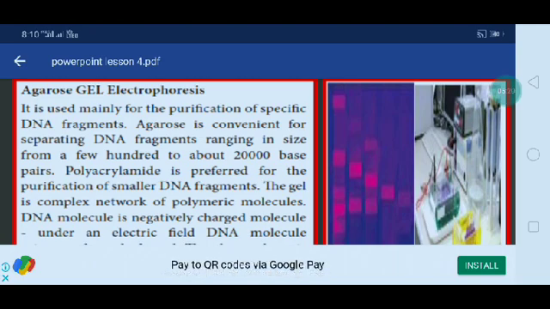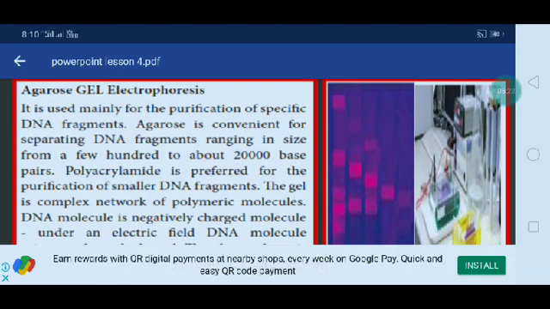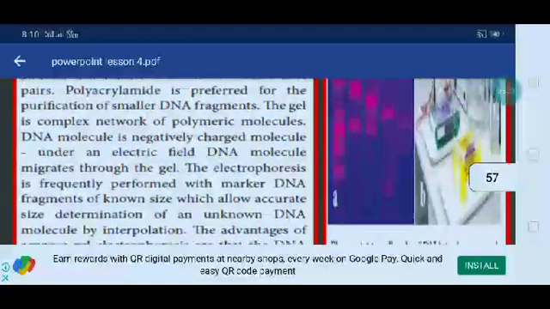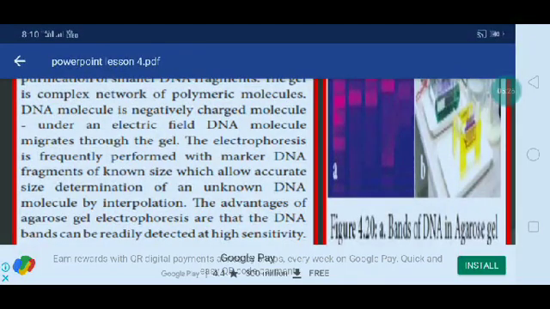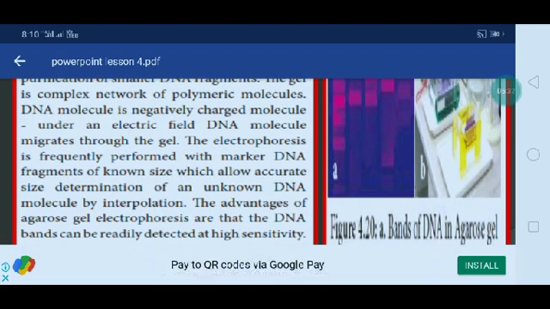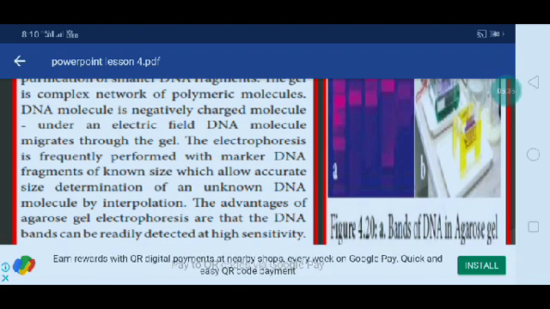The gel is a complex network of polymeric molecules. DNA is a negatively charged molecule. Under an electric field, DNA molecules migrate through the gel. Electrophoresis is frequently performed with marker DNA fragments of known size, which allow accurate size determination of an unknown DNA molecule by interpolation.